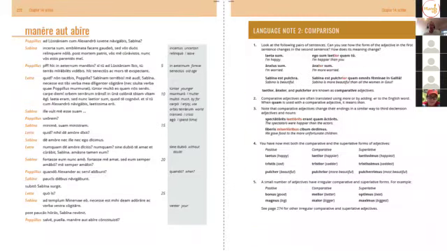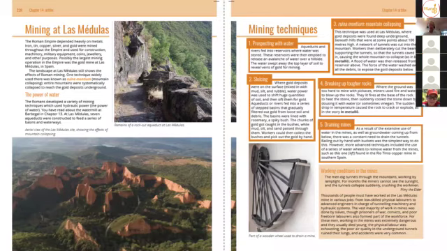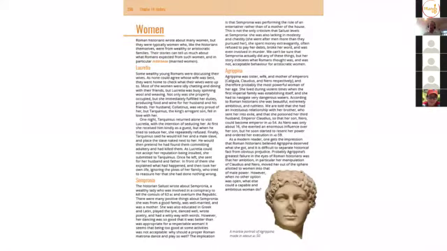So just go back a bit. We've got a story, then we've got some sieve, then we've got a story, then we've got a language point, then we've got a picture story, then we've got some language practice, then we've got some sieve again, and then we've got an item on history. So I think all the chapters are designed like that.